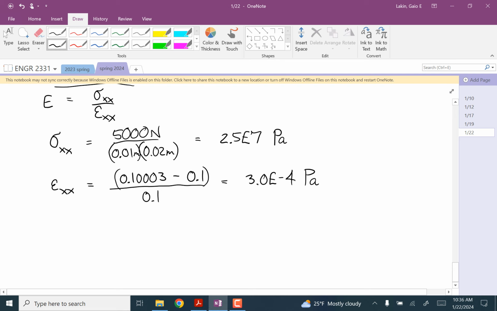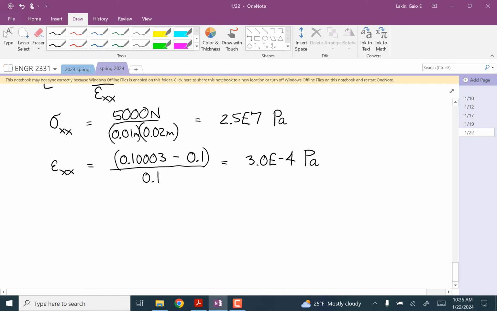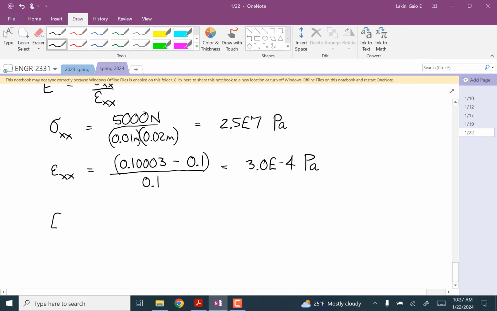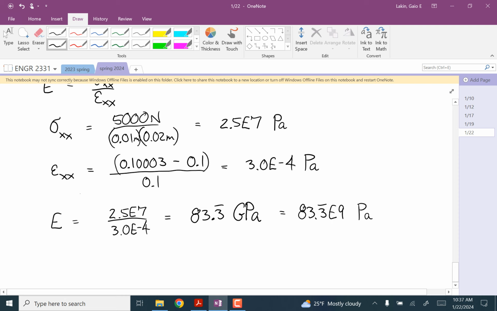A little bit outside of the range that I told you is kind of like a rule of thumb, but somewhere around there. And so now Young's modulus is 2.5 times 10 to the 7 divided by 3.0 times 10 to the minus 4. And you get a value of 83.3 repeating gigapascals, or 83.3 repeating times 10 to the 9 pascals.